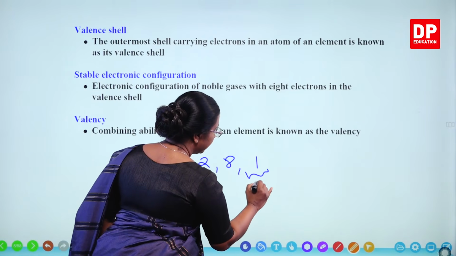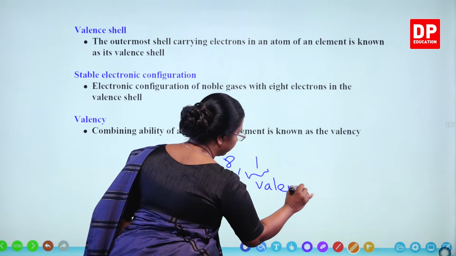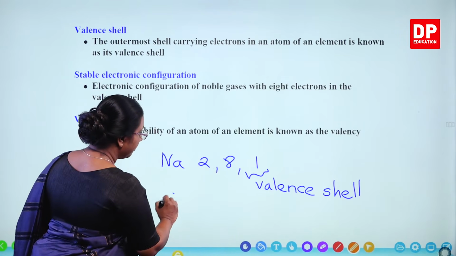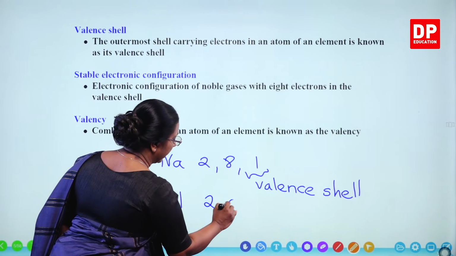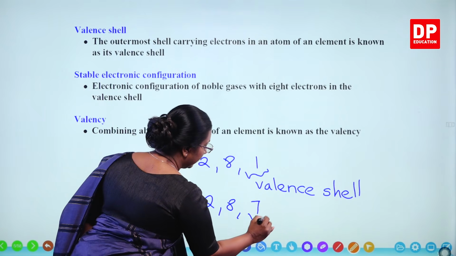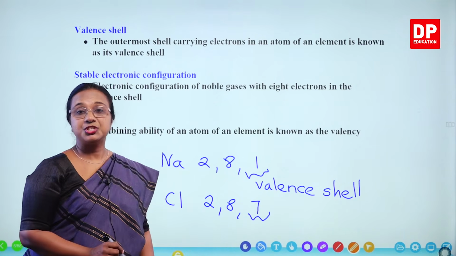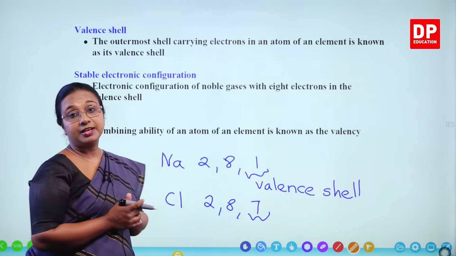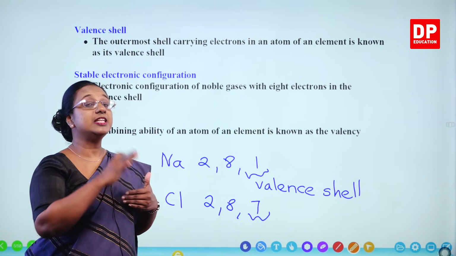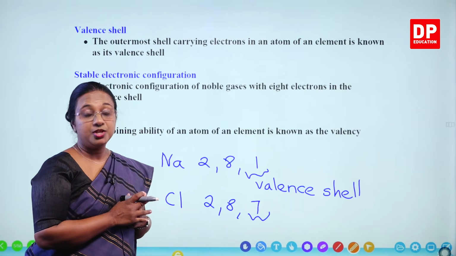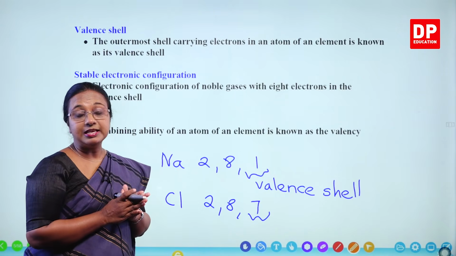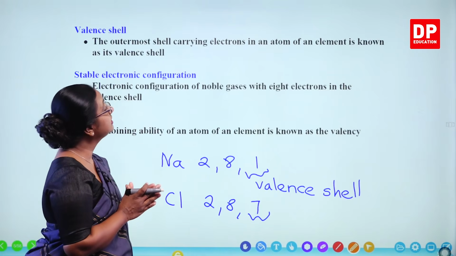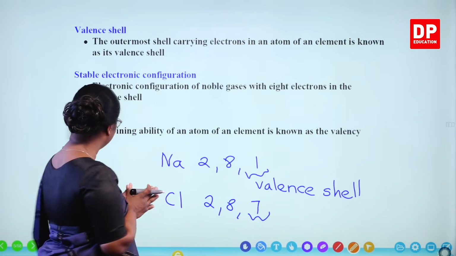This shell is the valence shell. The same way for chlorine, it was 2 8 7. Here again, that is the valence shell. If it is a stable electronic configuration, it has to be a complete shell, like helium, neon or argon, the noble gases.